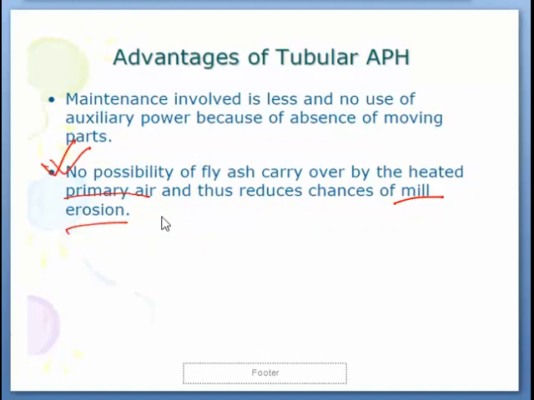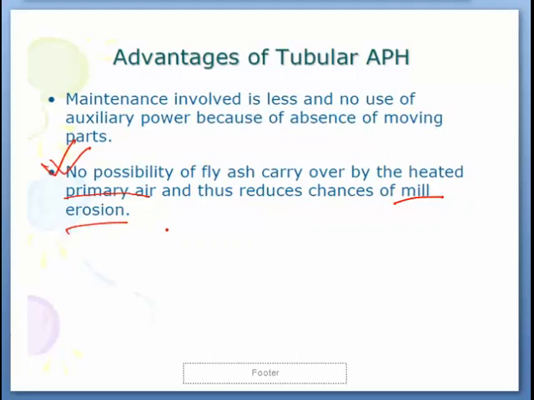And contamination of the combustion air. So I think that this is clear to you because there is no direct contact between the air and flue gas. So there will be nil chance of contamination except in the case of a tube leakage.